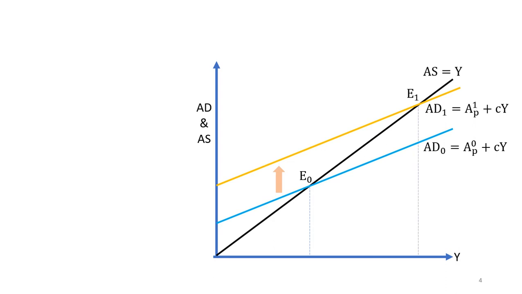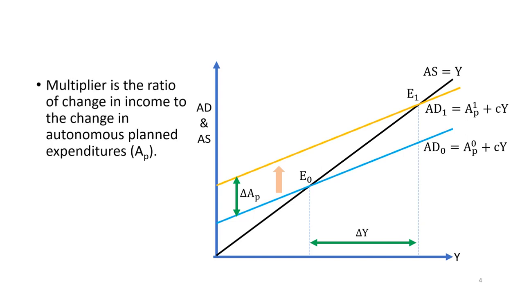As a result, equilibrium level changes from E0 to E1 and output level increases. The multiplier is the ratio of change in autonomous planned expenditures, delta AP, to the resultant change in income, that is delta Y.